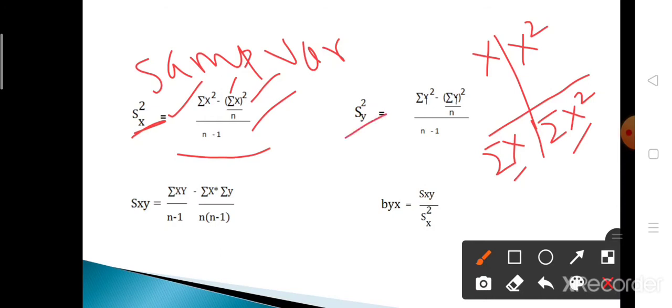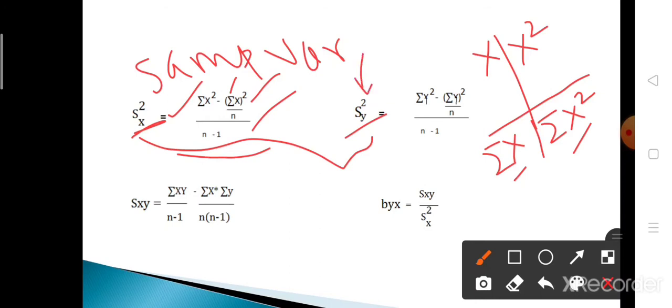Then sy square, the sample variance for the random variable y, and the formula is summation y square minus (summation y) whole square upon n, whole divided by n minus 1. Here the difference in the formula is only the replacement of x by y, because this is the sample variance for the random variable y.